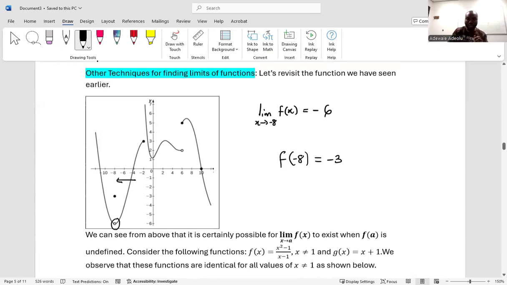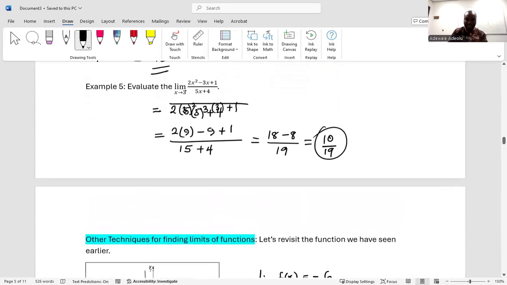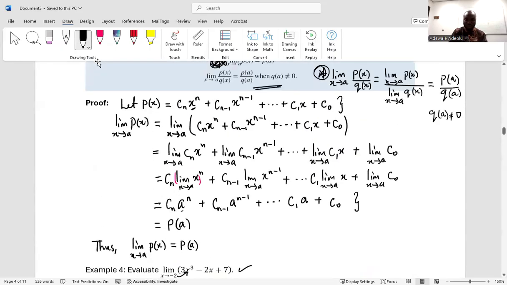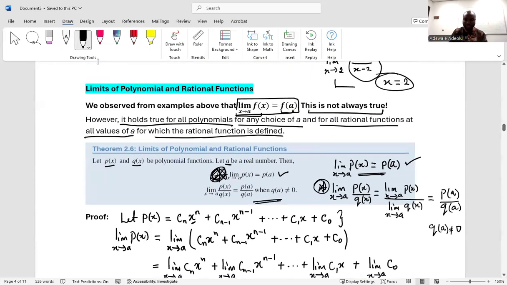Now, we are in a situation whereby this is no longer true. Let me remind you from what we have seen earlier, that if you are looking for the limit of a function as x goes to a, x not equal to a, then it is going to be the value of that function evaluated at a.